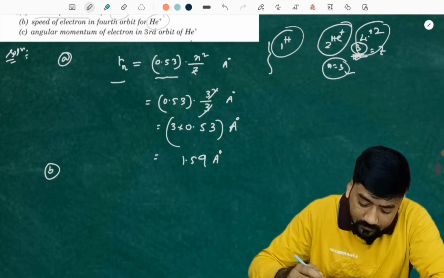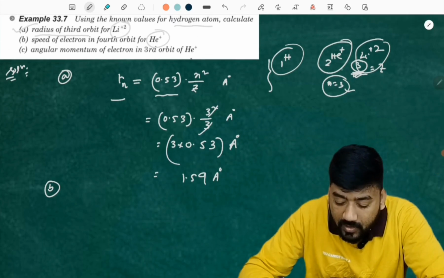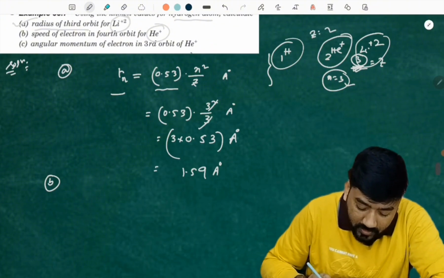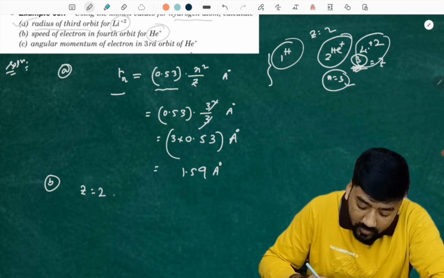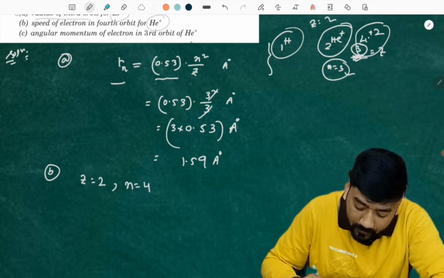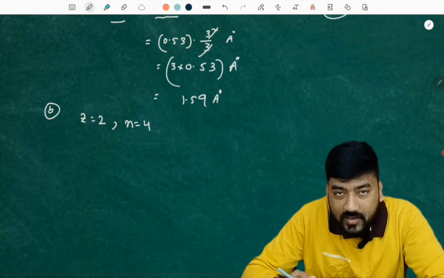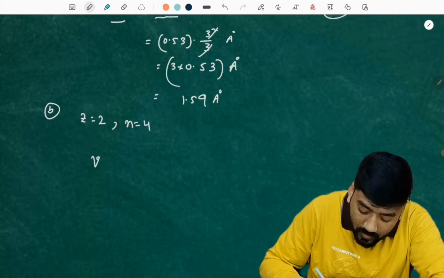So helium plus also has only one electron outside, and its Z is 2. Now here as it is said helium, so Z is obviously equal to 2, and this is the speed of electron in the fourth orbit, so n is equal to 4. Now we have to write down the general equation in terms of the result for the hydrogen atom for the first orbit. So in general, what was Vn?